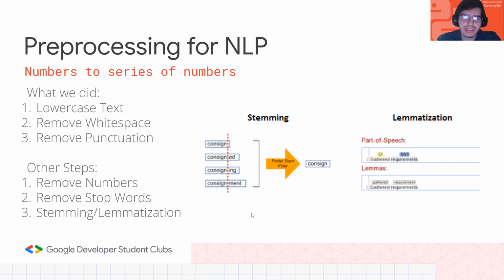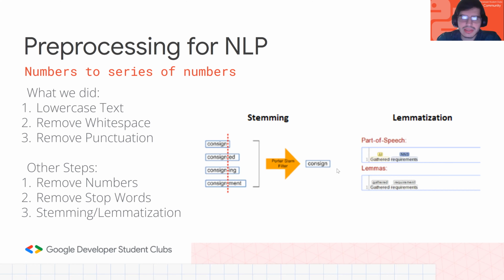Just as a disclaimer, after you pre-process your text in an NLP problem, usually it's not very readable to humans afterwards, but that's okay because the computer doesn't care. And so in stemming, you get the root word consign.